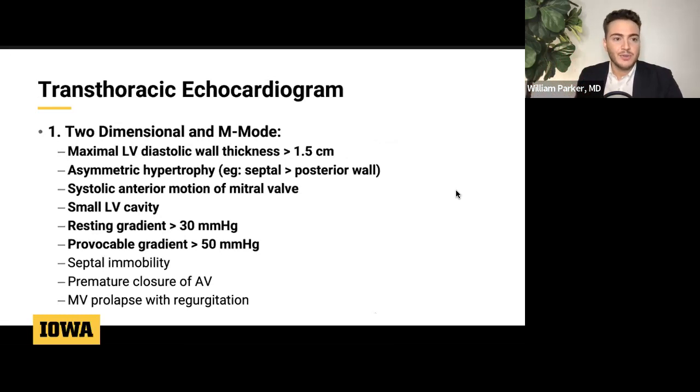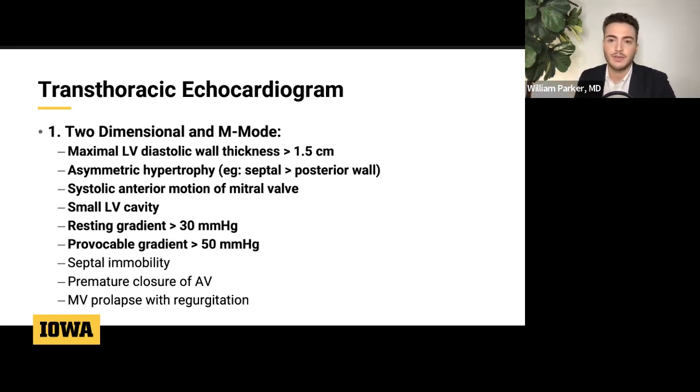So transthoracic echo, using two-dimensional and M mode, you want to look for a few defining features. And this is really what turns us on to the diagnosis initially of hypertrophic cardiomyopathy, when you put a probe up to their chest and you see the hypertrophy. Look for a maximum LV diastolic wall thickness of 1.5 centimeters. Most commonly pretty asymmetric, as opposed to, let's say, findings of longstanding systemic hypertension being more concentric and uniform. Systolic anterior motion of the mitral valve.